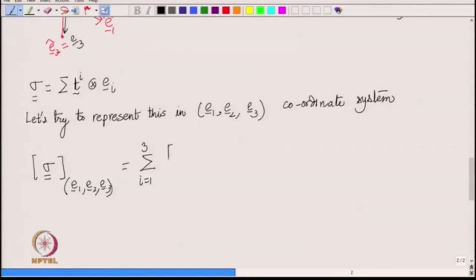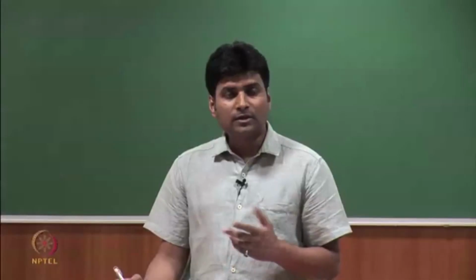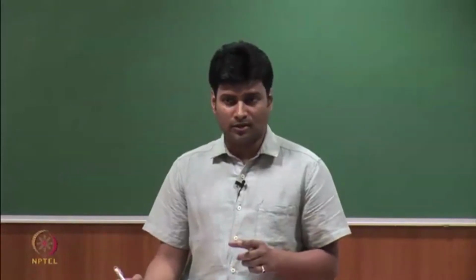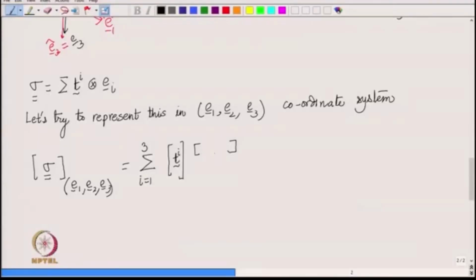So, this is going to be some vector T I and tensor product E I, and you know that if it is tensor product, that means I have to do the transpose of the second vector. So, this is basically E I transpose.